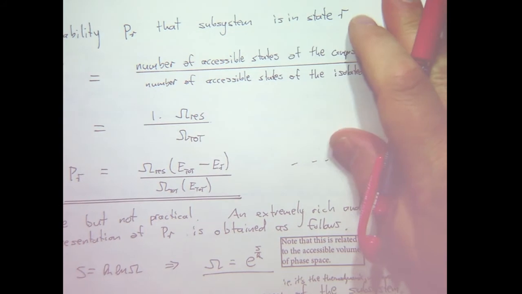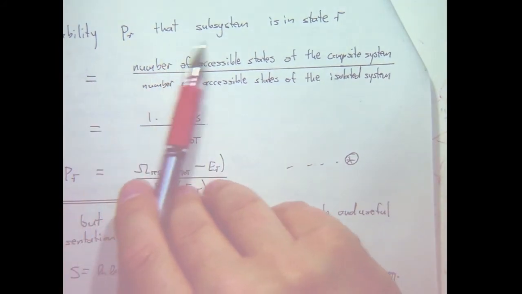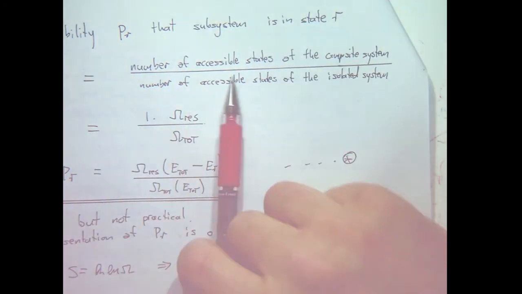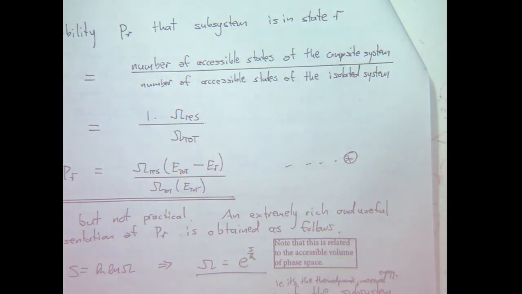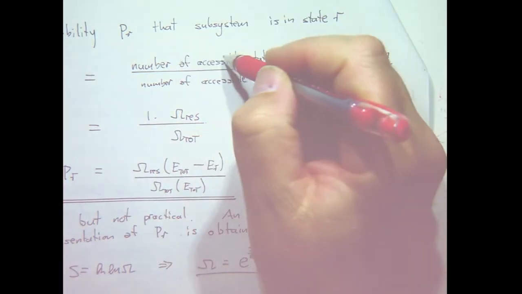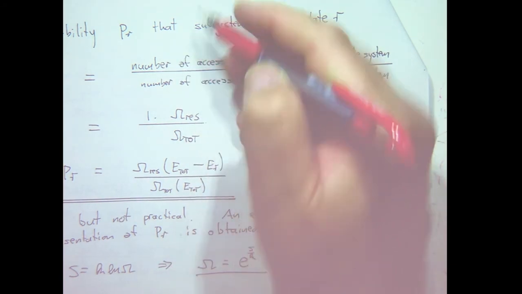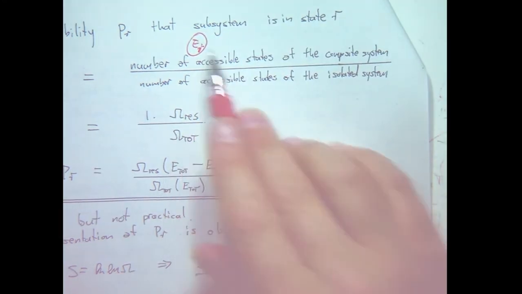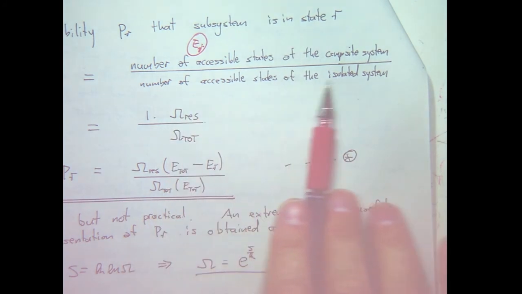Okay, you can read that page for yourself about statistical independence. So the probability P sub R that the subsystem is in state R is the number of accessible states of the composite system, that's the entire isolated system, when the subsystem has energy E sub R. So that's a particular product of omegas divided by the number of accessible states of the isolated system.